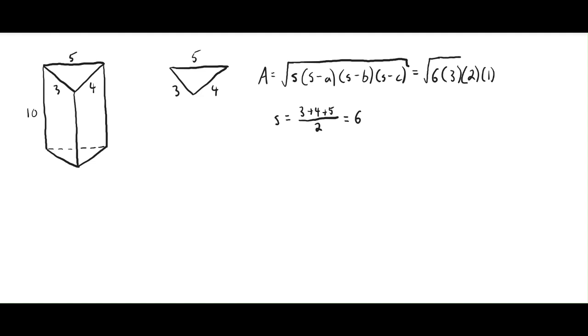So we get square root of 6 times 3 times 2 times 1, which is square root of 36, and the square root of 36 is just 6. So the area of that triangle on top here is 6. Now remember, there's two of them, one on the bottom as well.